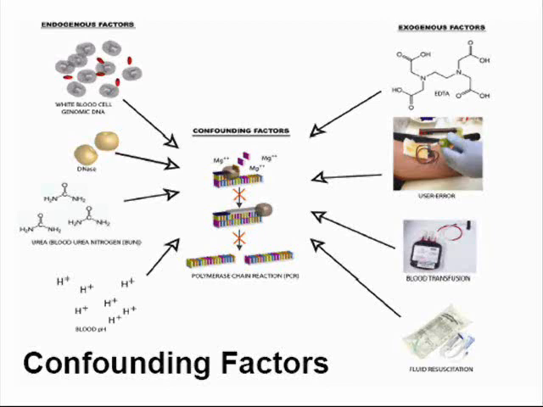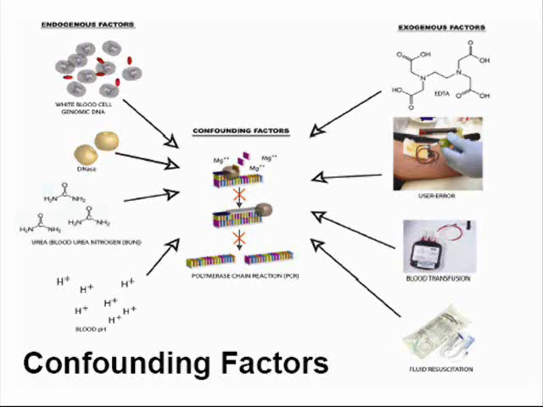On the top left, we have white blood cell genomic DNA as a potential confounder. Genomic DNA will outnumber any pathogen DNA found in blood, and they are also much larger. This essentially is analogous to one looking for a needle in a haystack.